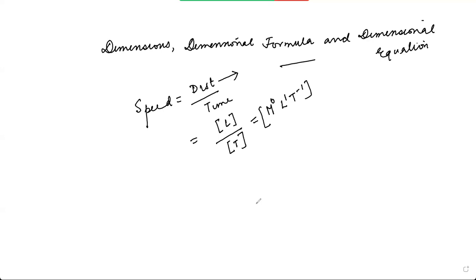For representing the unit of a physical quantity, which fundamental units are required, that is shown by the dimensional formula. For example, this M^0 L^1 T^-1 is the dimensional formula of speed.